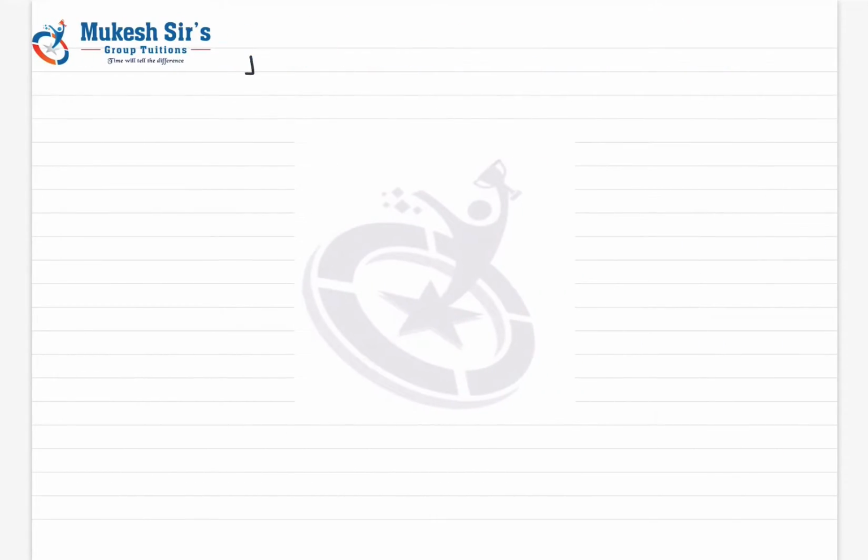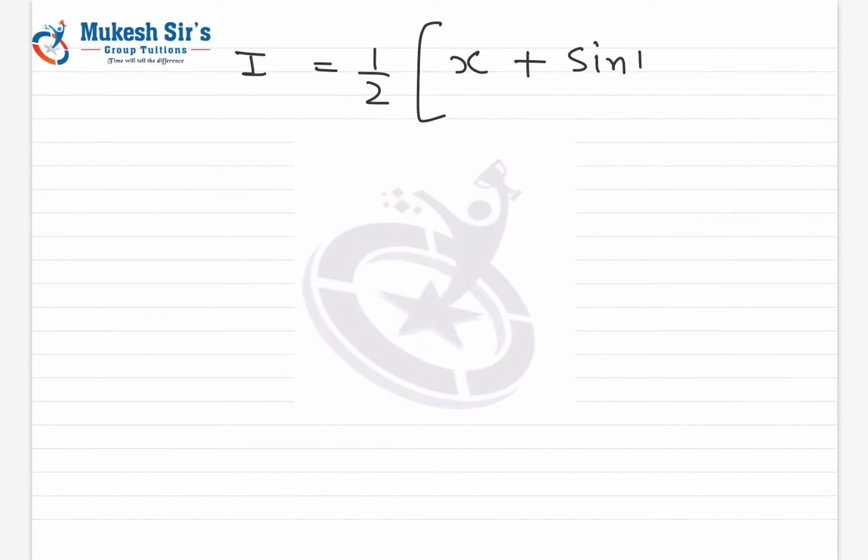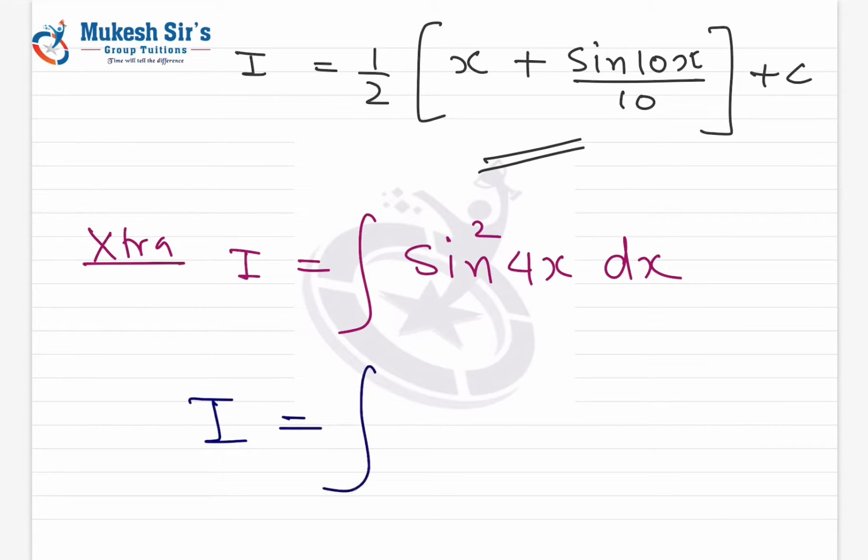So that's going to be what? I is equal to half into bracket, integration of 1 is x, plus integration of cos 10x, which is sin 10x upon 10. Divide the answer by the coefficient of x, plus c. That's the answer. So please solve these questions of the same type. Integration of sin square 4x dx and one more, integration of cos square 2x dx.